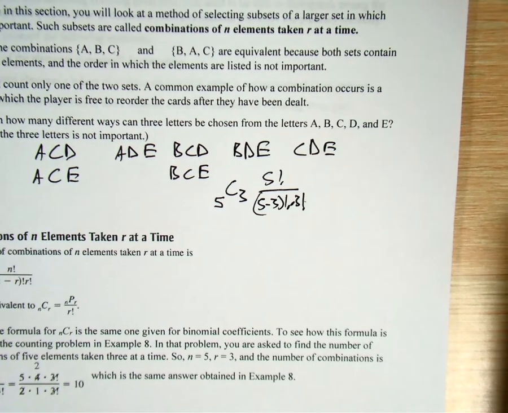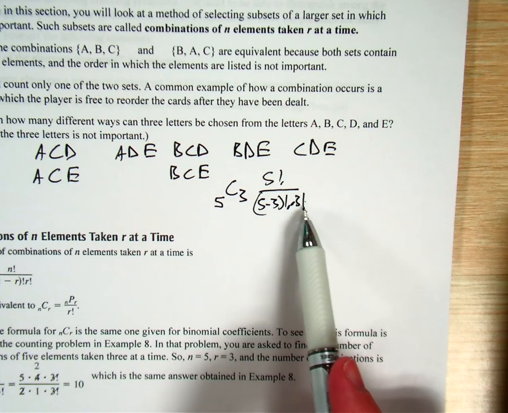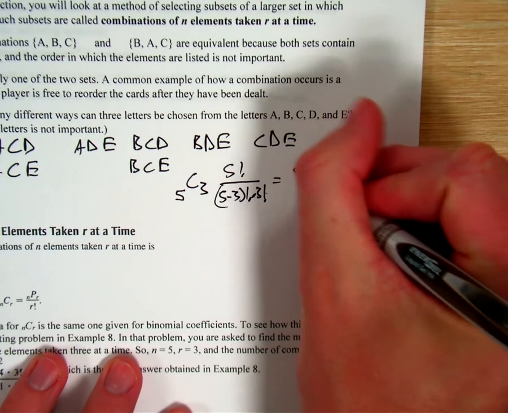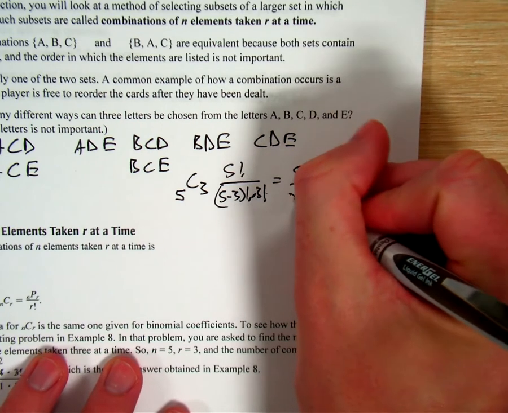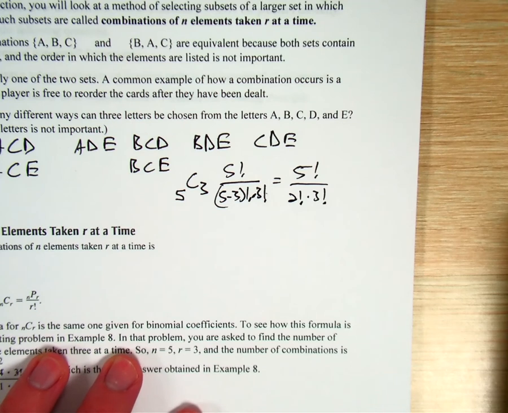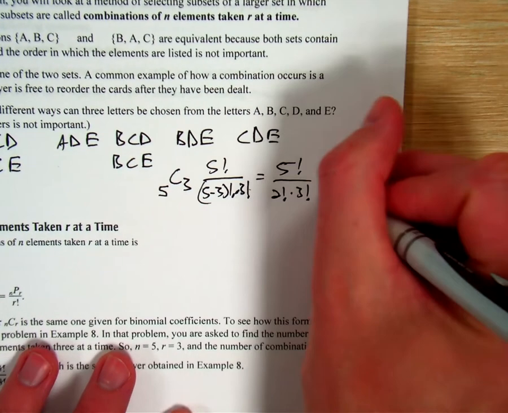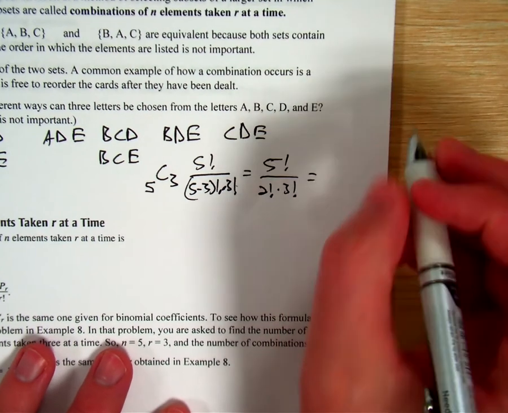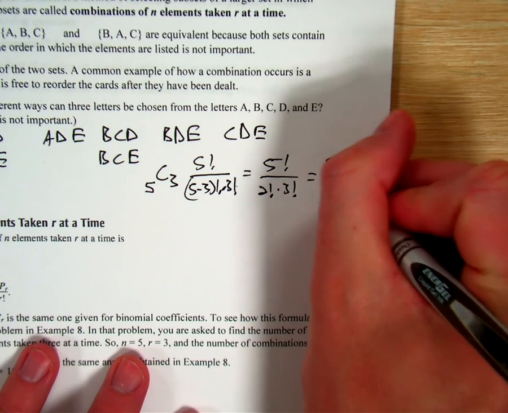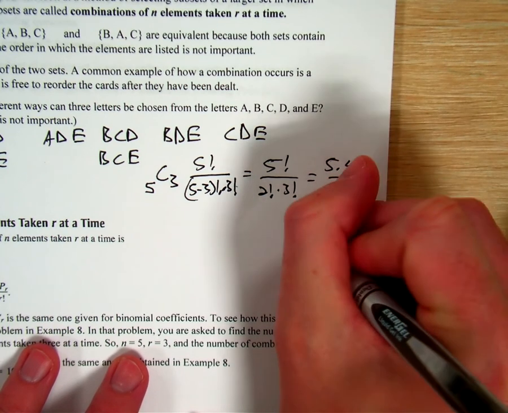So it's 5 factorial over 2 factorial times 3 factorial. And if you remember our shortcut from yesterday, this works out to 5 times 4 over 2 times 1. 20 over 2 is 10.